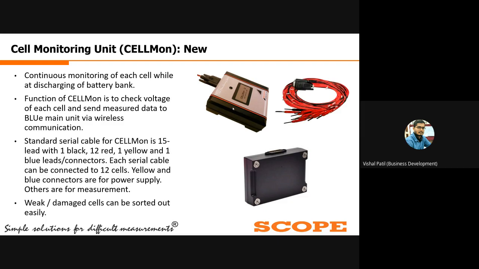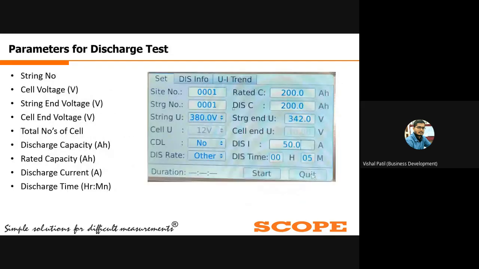To avoid this, it is always better to take preventive action, identify the weak cells and replace them, to save cost, failure of the entire battery bank, and time. So this is the predictive maintenance of the battery bank with the help of this cell monitoring unit to identify the weak cells.